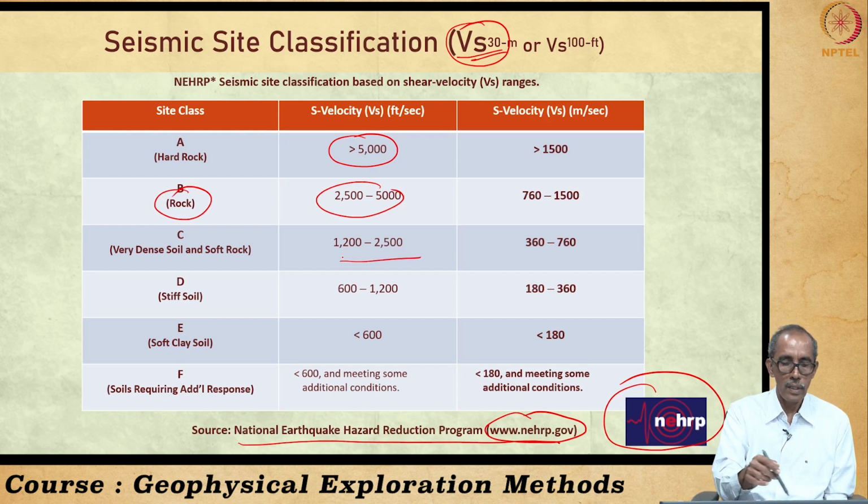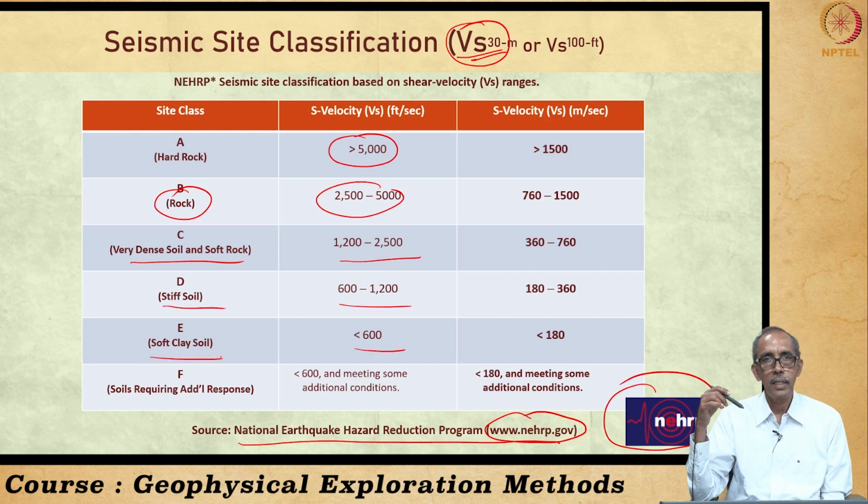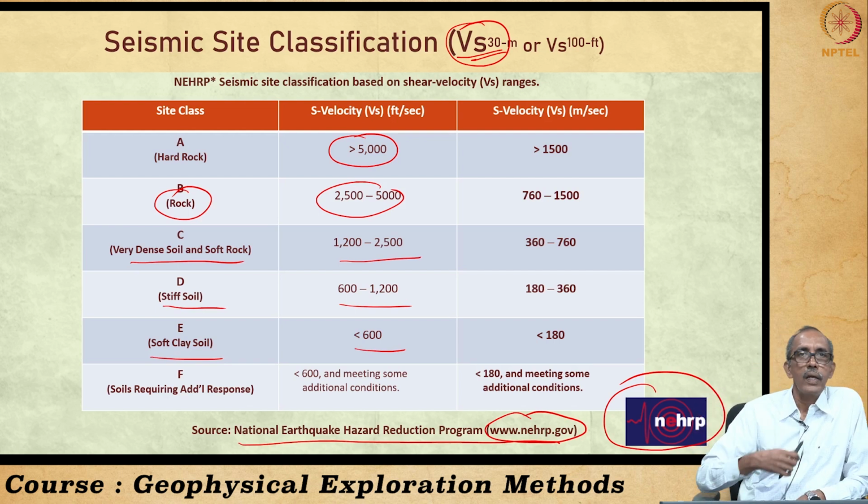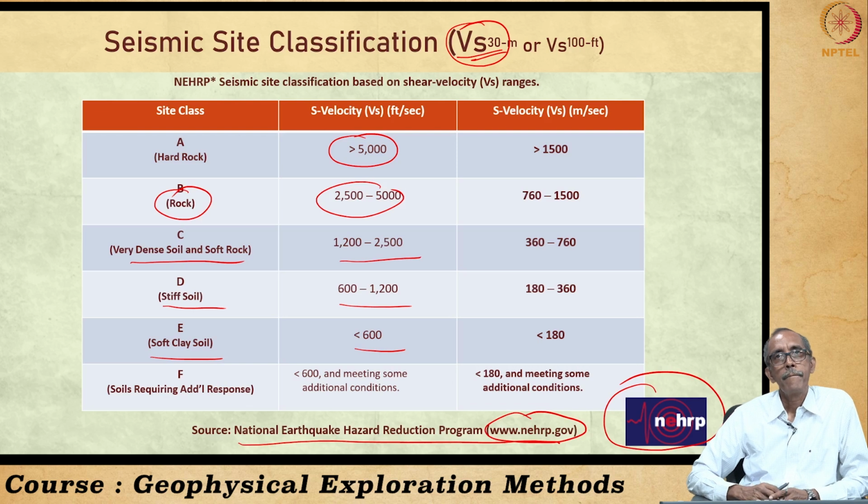If it is of this range, soft rock; this is soil, very soft soil, less than 600. So, this is how we classify the rocks into different categories based on the shear wave velocity.